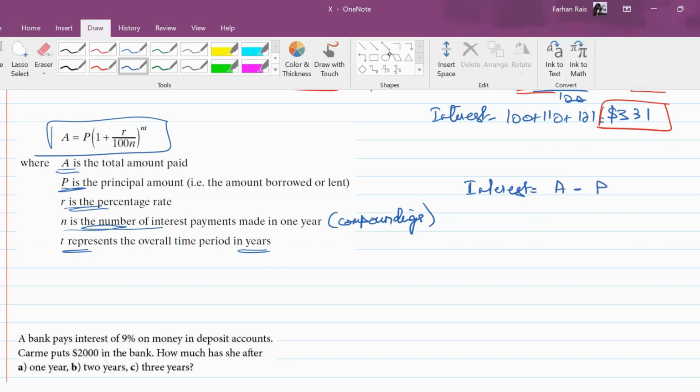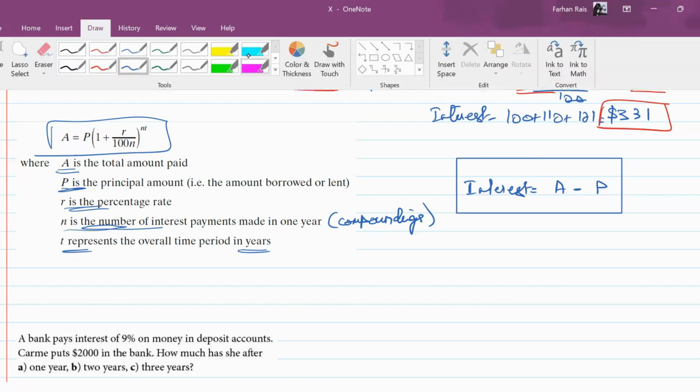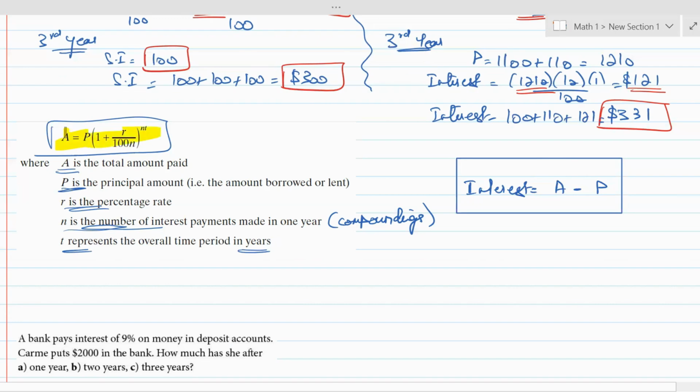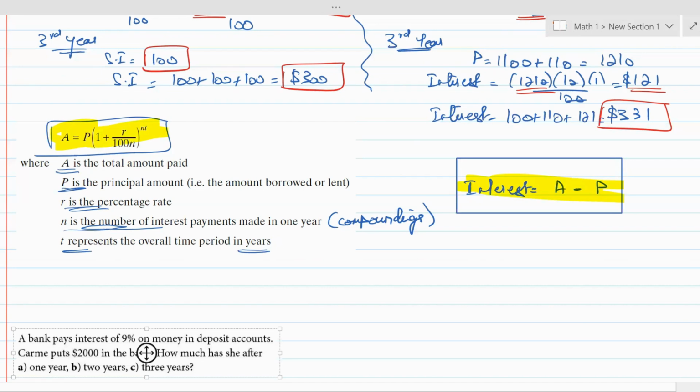After calculating the total amount, you subtract principal from the total amount to calculate the compound interest. So these are the two important formulas to be remembered for solving the questions. I may highlight this and this. Okay, let's move on.